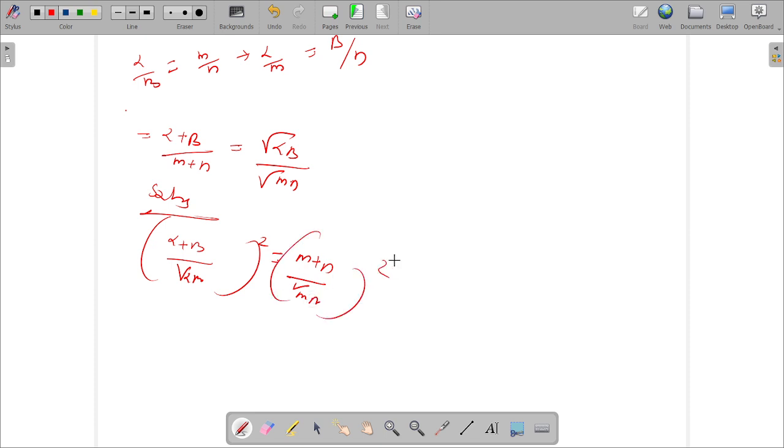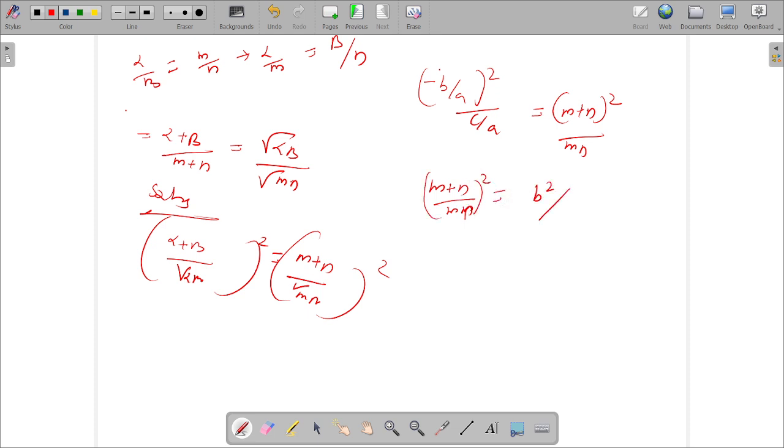Now substitute the value of alpha plus beta, the sum of the roots, minus b by a, whole square, by c by a equals m plus n whole square by mn. If you simplify, m plus n whole square by mn equals b square by ac. Now you got the relation.